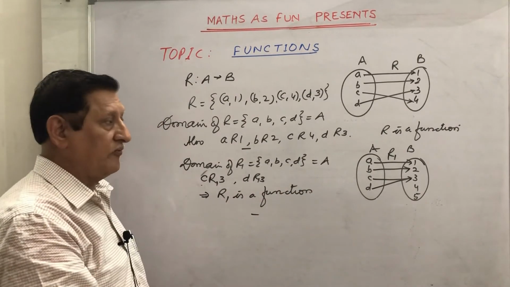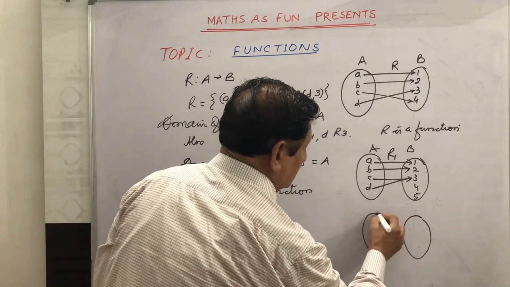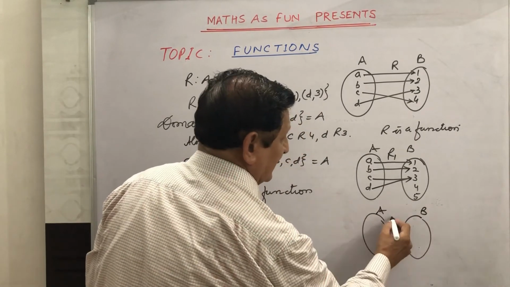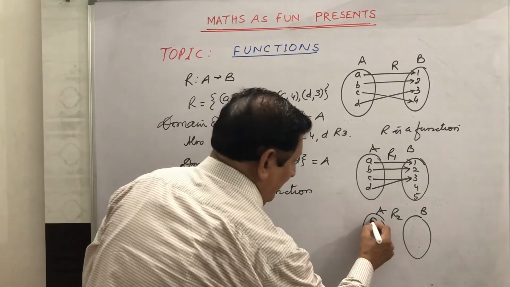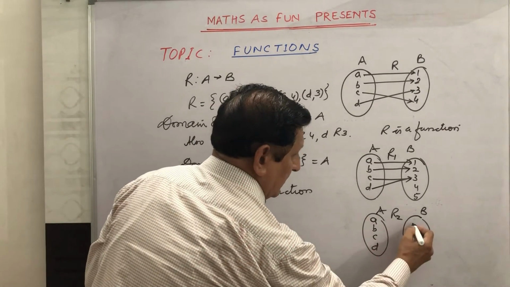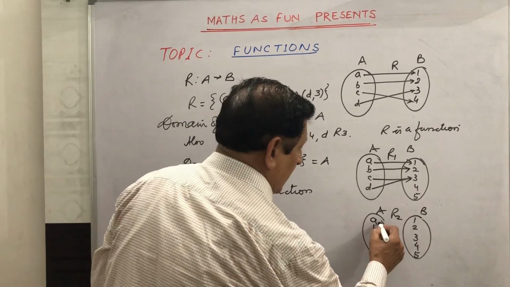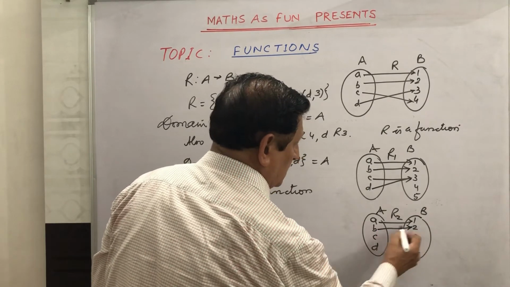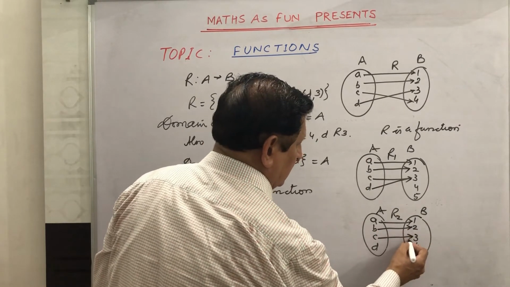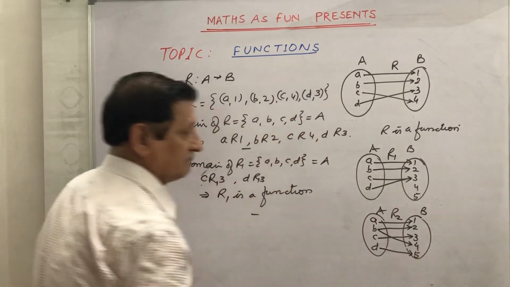Let's take one more example. We have A and B, two non-empty sets, and R2 is a relation. We have a, b, c, d and 1, 2, 3, 4, 5 in these. a has the relation R2 with 1, b with 2, c with 3, b with 4, and d with 5.